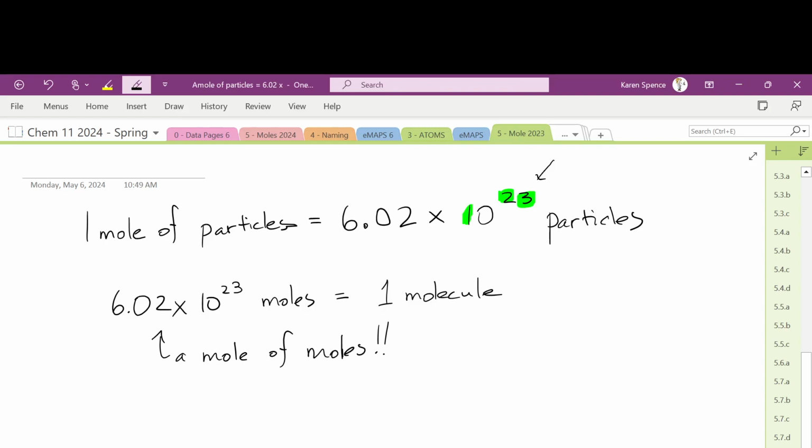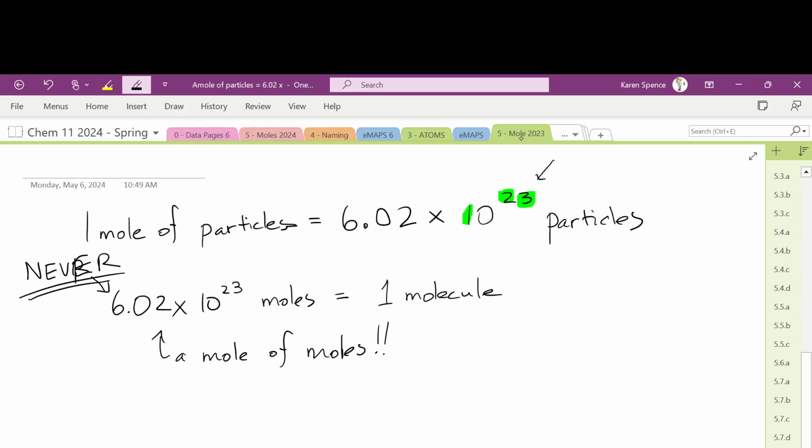Does it make sense that 1 molecule is equal to hexillions and hexillions of molecules? It just doesn't make sense. So when you're writing your conversion factors, make sure you're turning your brain on, looking at it and asking, have I written the numbers where it makes sense? And if you have trouble figuring that out, just remember you should never see a mole of moles, never 6.02 times 10 to the 23 moles. That will end you in hot water. It'll be bad, okay?